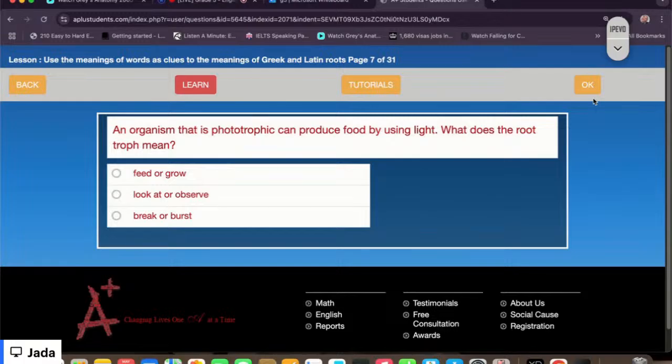An organism that is phototrophic can produce food by using light. What does the root trophy mean? Feed or grow, look at or observe, break or bust.